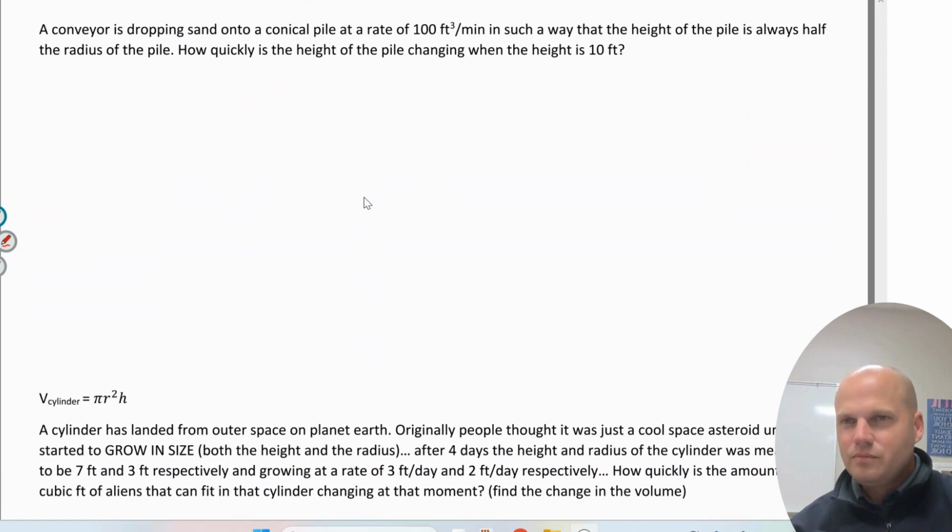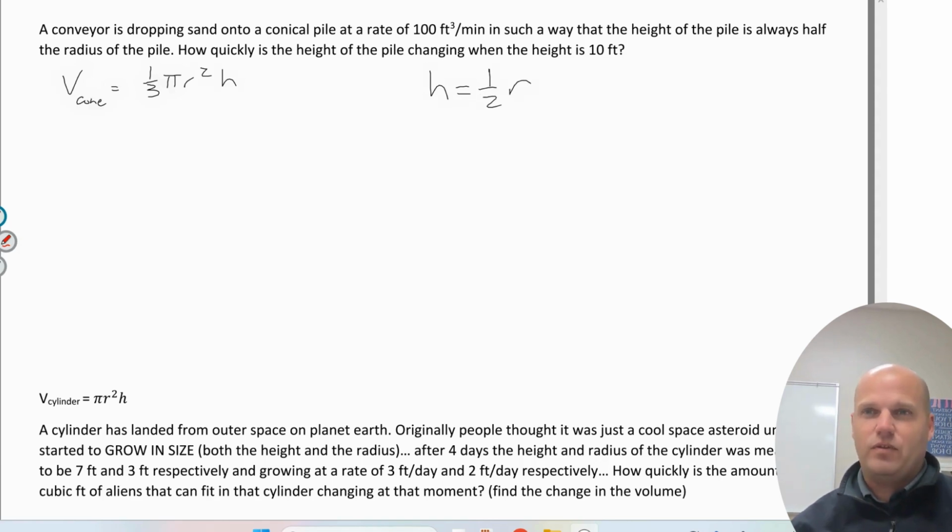Now, one thing which I tried to mention in class, but we didn't get to it, is that if you have a relationship between things, you could use it right off the bat, or you need to understand that the height of the pile is always half of the radius of the pile. That means you have a relationship between the height and the radius.